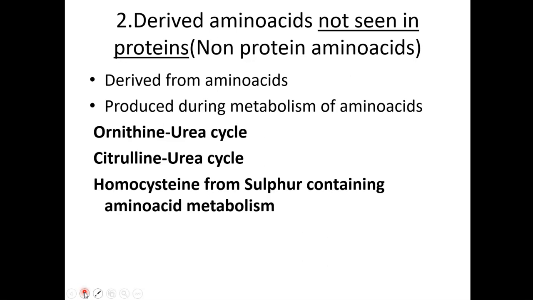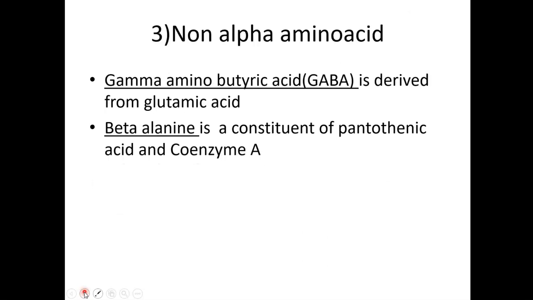Which are the two sulfur containing amino acids? Cysteine and methionine. The metabolic pathway of sulfur containing amino acids produces this derived amino acid, homocysteine.